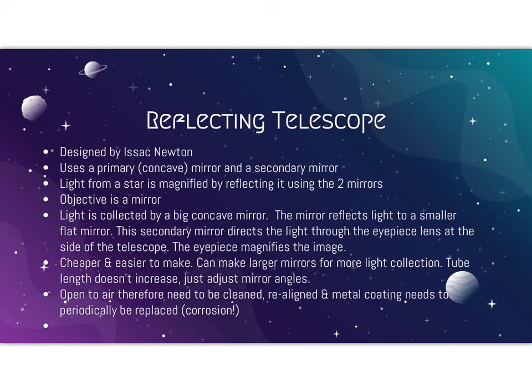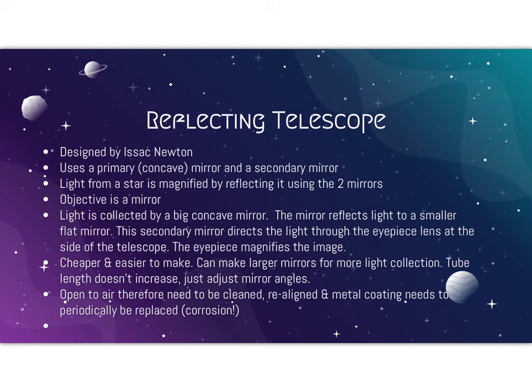Again, the objective is a mirror, not a lens. The light is collected by this big concave mirror. The mirror reflects light to a smaller flat mirror, and this secondary mirror directs the light through an eyepiece for us to see. The eyepiece has a lens, and it magnifies that last image.